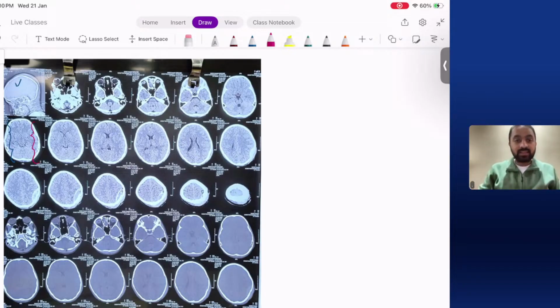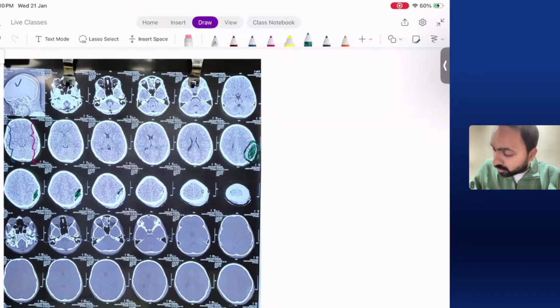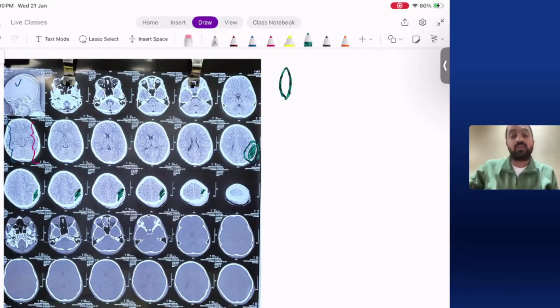If you look, the pathology starts somewhere over here, right? Yes. You can see over here a convex-shaped hyperdense lesion, which is your blood, which is white, present in your left side parietal region. Now, this is your biconvex shape.